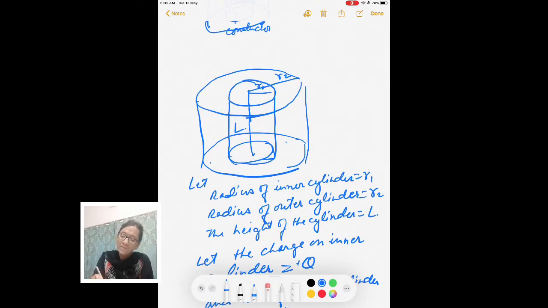So let me take first of all a Gaussian surface of any size.